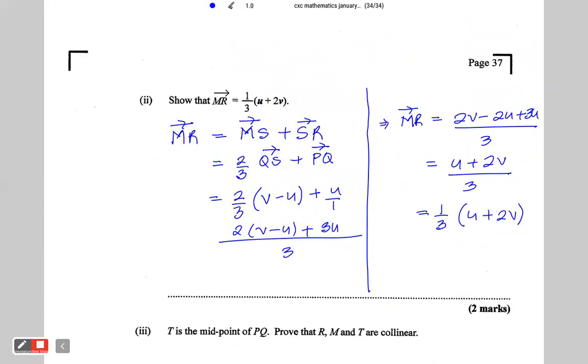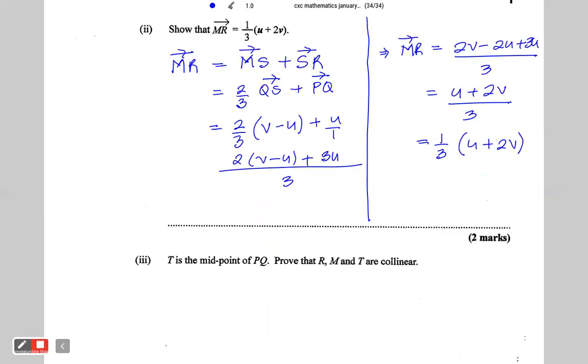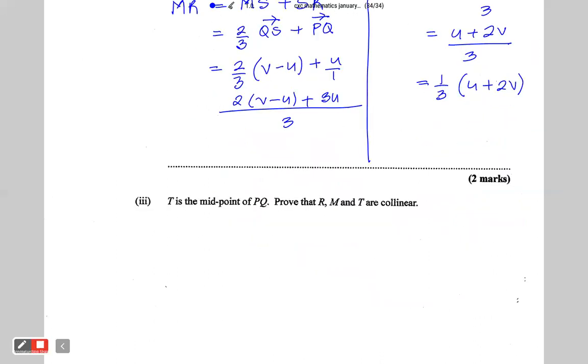So we're to prove that R, M, and T are collinear. To do that, the first thing I'm going to find is TM. We have MR already, so I'm finding TM.